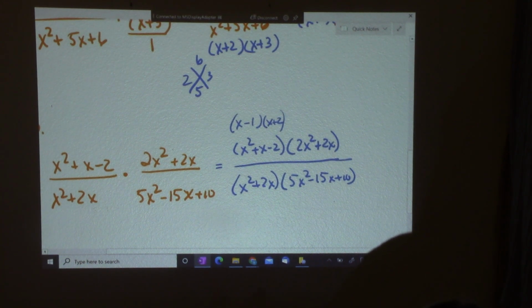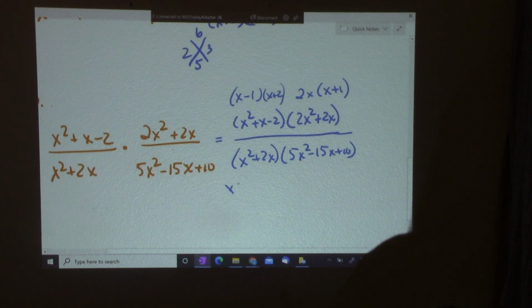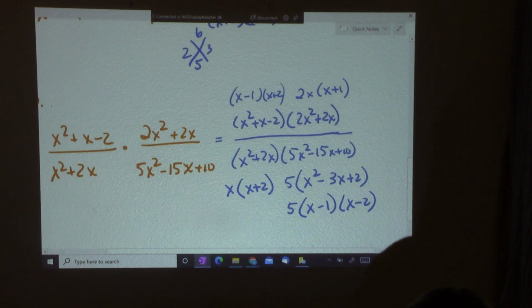And here I'm going to factor out a 2x, and I'll have x plus 1 there. And down here I'm going to factor out an x, and I'll have x plus 2. And here I can take out a 5, and then I have x squared minus 3x plus 2. So now I can factor this to be x minus 1 and x minus 2. Okay? So this is no longer here, and this isn't either. So I only have those.